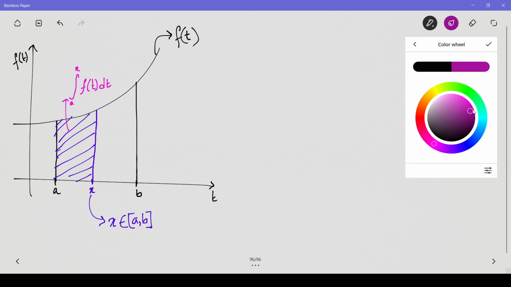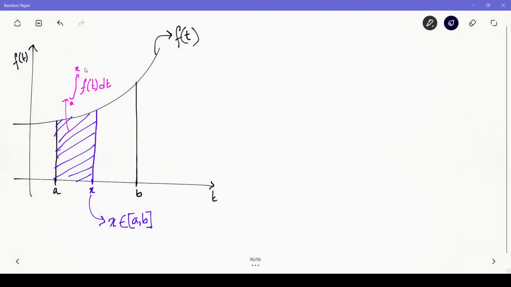Let's use another function, capital F. The value of capital F of x will be the whole area that has been shaded in purple, the area under the curve between the lower limit a and the upper limit x. This upper limit x is purely arbitrary. The definite integral value is equal to another function, capital F of x.